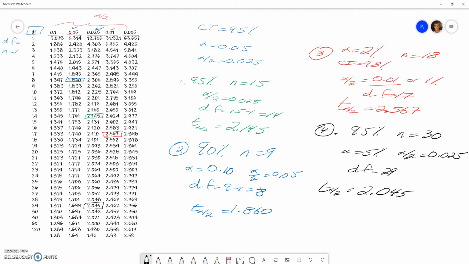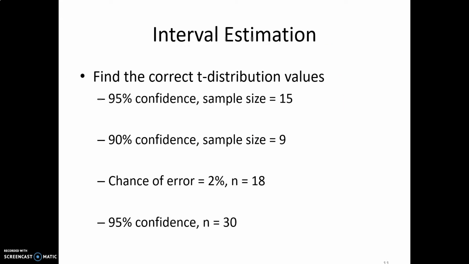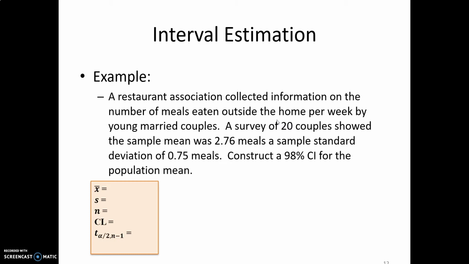So let's go back to our PowerPoint. We found those values. Here is our example we're going to work on. A restaurant association collected information on the number of meals eaten outside the home per week by young married couples.